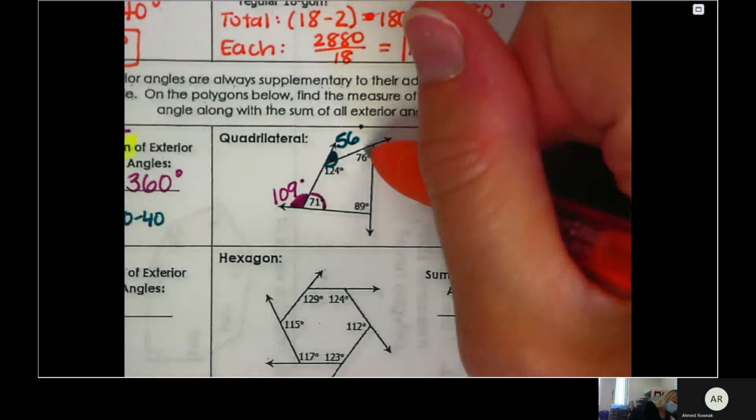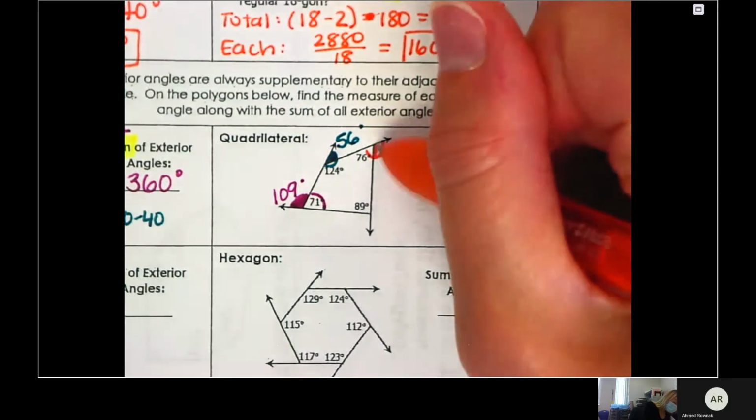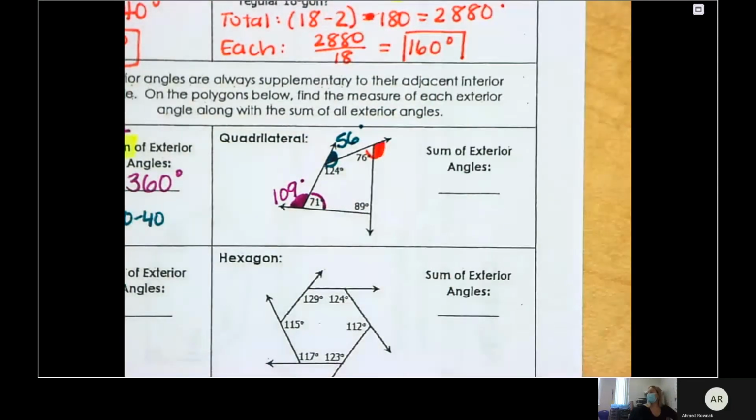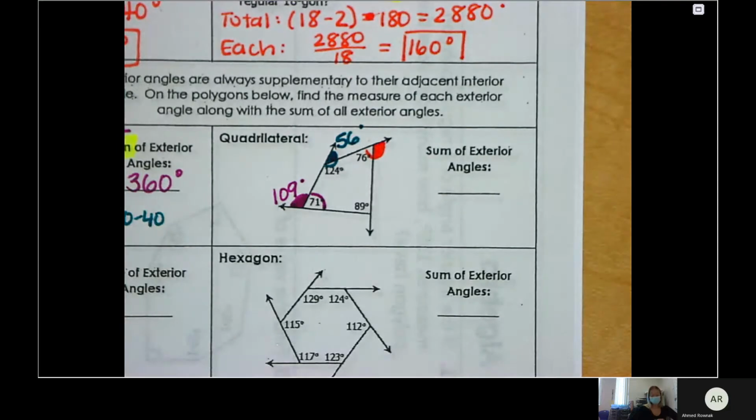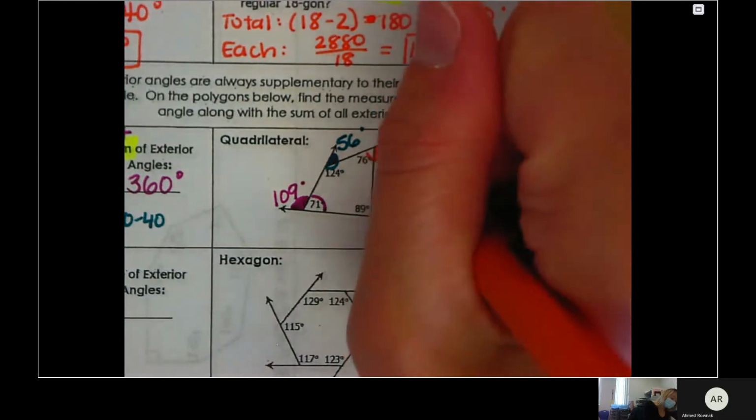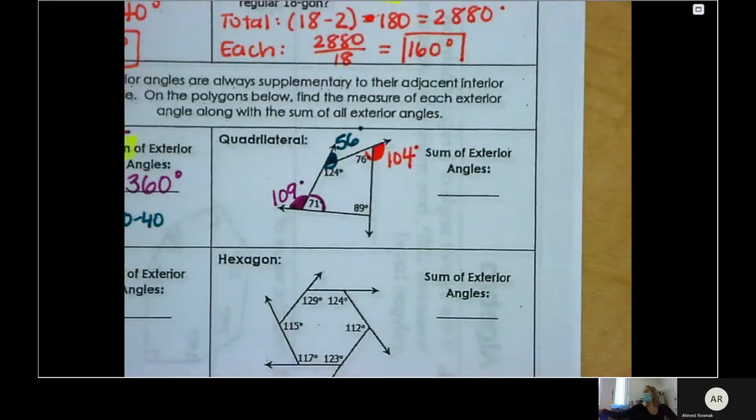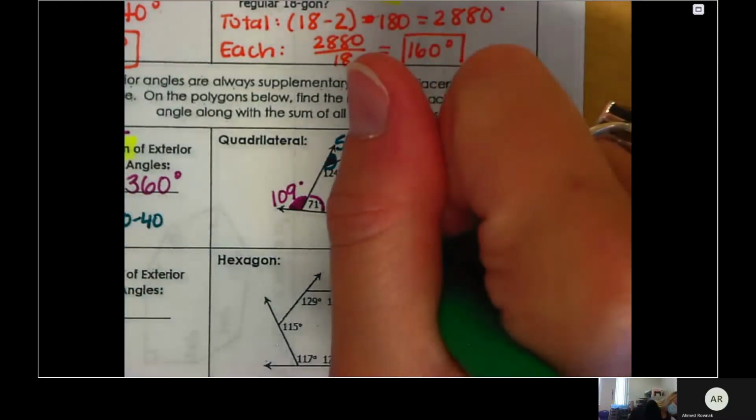Next one, here's my 76. What do I do to get the angle right next to it? Subtract from 180, right? You're noticing it's the same thing over and over and over again. I get 104. And then my last one, here's 89.